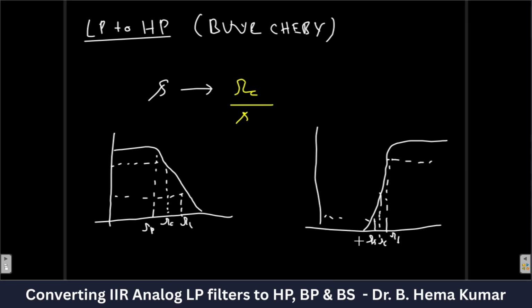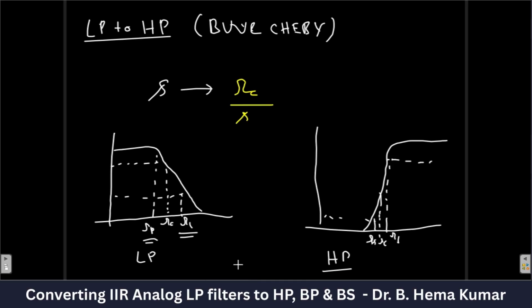This is why you use this simple transformation formula. For example, the pass band in your low pass filter is the stop band in your high pass filter, and the stop band in your low pass filter is exactly the opposite.